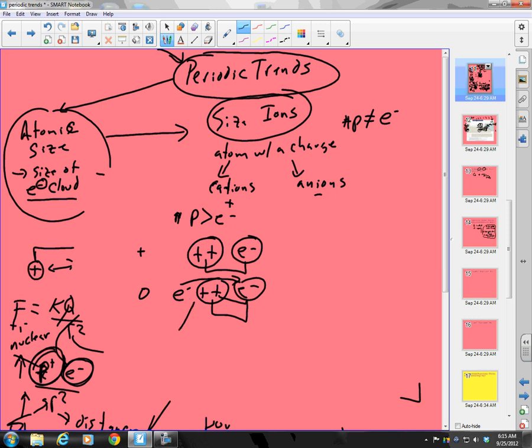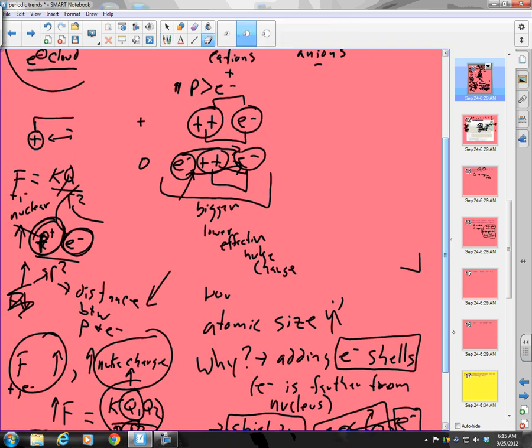This one is going to be bigger because it has a lower effective nuclear charge, and that effective nuclear charge is changed because of the shielding. Since this electron is pushing off that electron, it has some shielding, which means this whole electron cloud will be bigger. This one will be smaller. So can we state a trend here with cations?